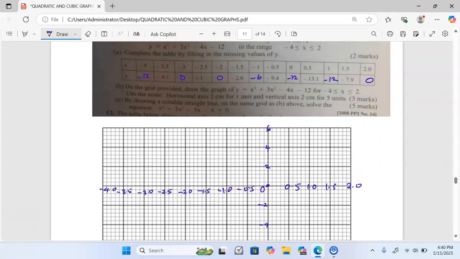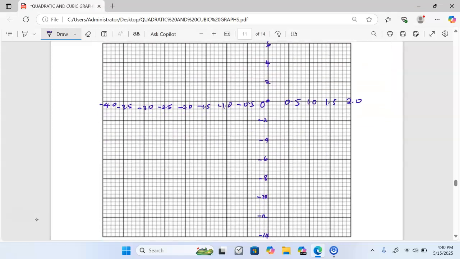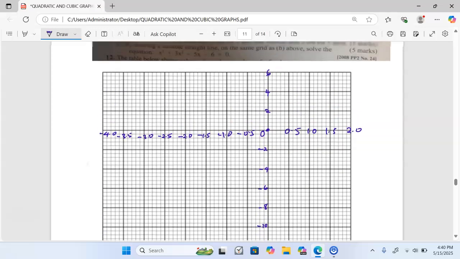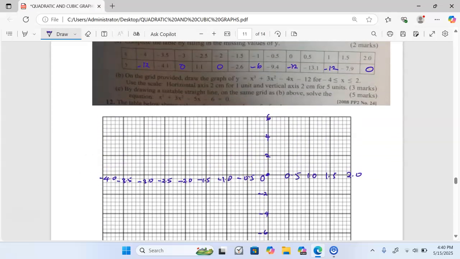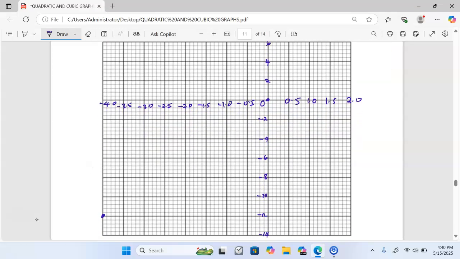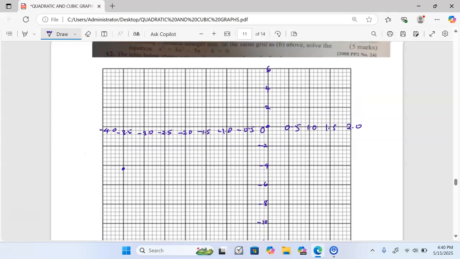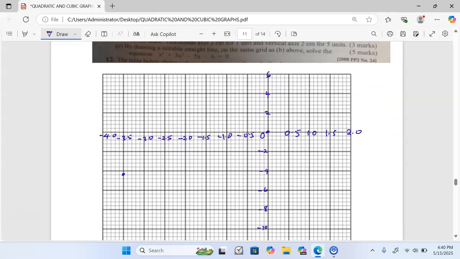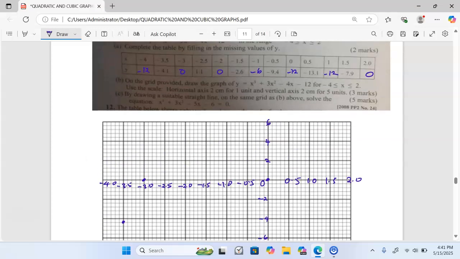When x is -4, y is -12 at this particular point here. When x is -3.5, y is -4.1, around this point here. When x is -3, it is 0. When x is -2.5, it is 1.1, around this point here.